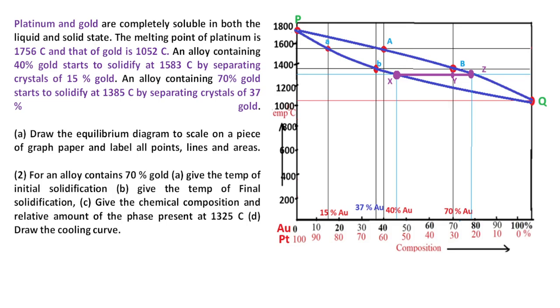So draw a straight line at 1325. That line touches and cuts the curves at points X and Z, and the 70% line cuts at point Y. This line is called the tie line.